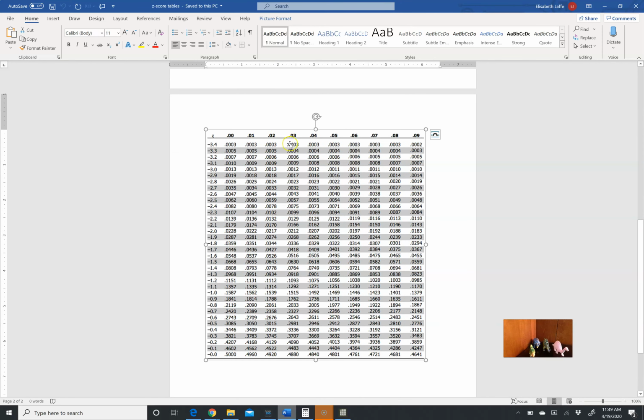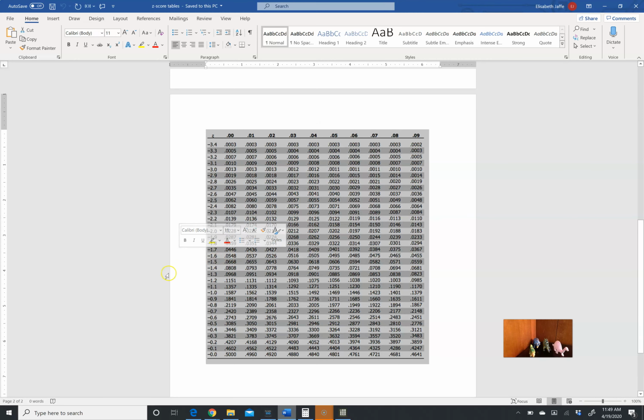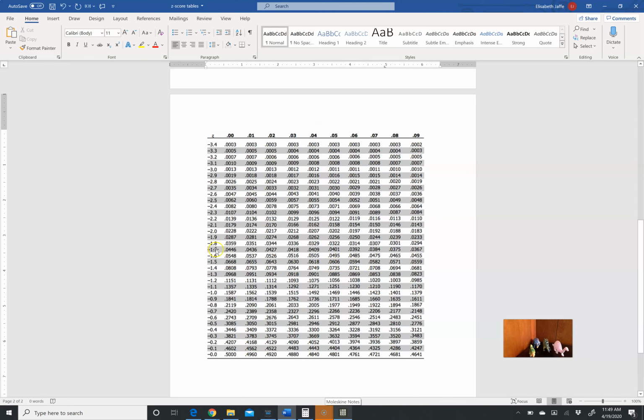So we're looking for 0.0384, and if we look here, we find it over here. And where is that? We go to the side first, we get negative 1.7. And then we go up and we get an extra 7 in the hundredths place.